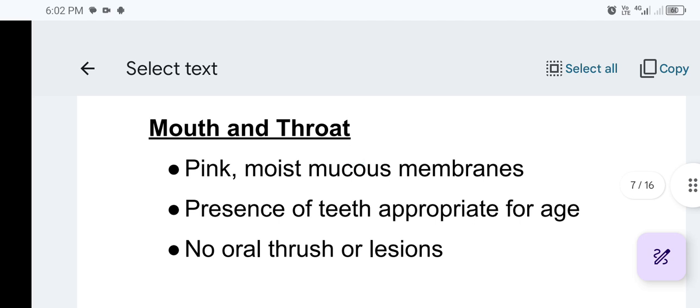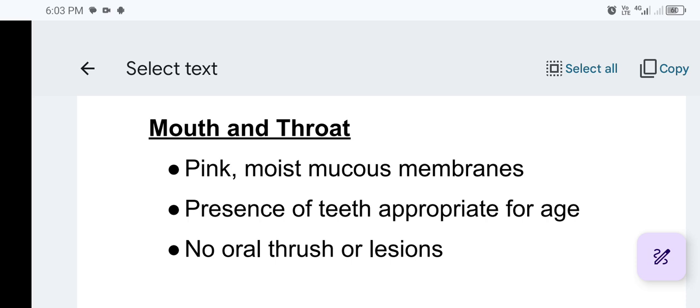Then when you go to the mouth and throat, specifically in the mouth, the child should have pink and moist mucous membrane. It should be pink. It should not be yellow. It should not be pale. Presence of teeth appropriate for age.